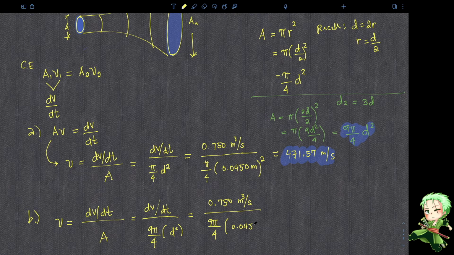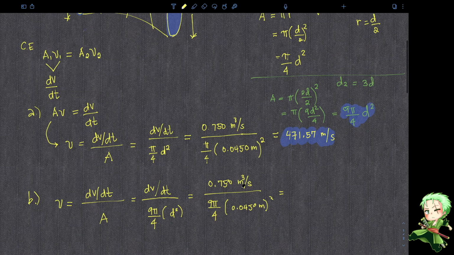meters, and don't forget to square everything. When you do that, the same thing happens with the unit: m cubed over m squared gives you m per second, which is what you expect for velocity. Now you plug in that value to your calculator.